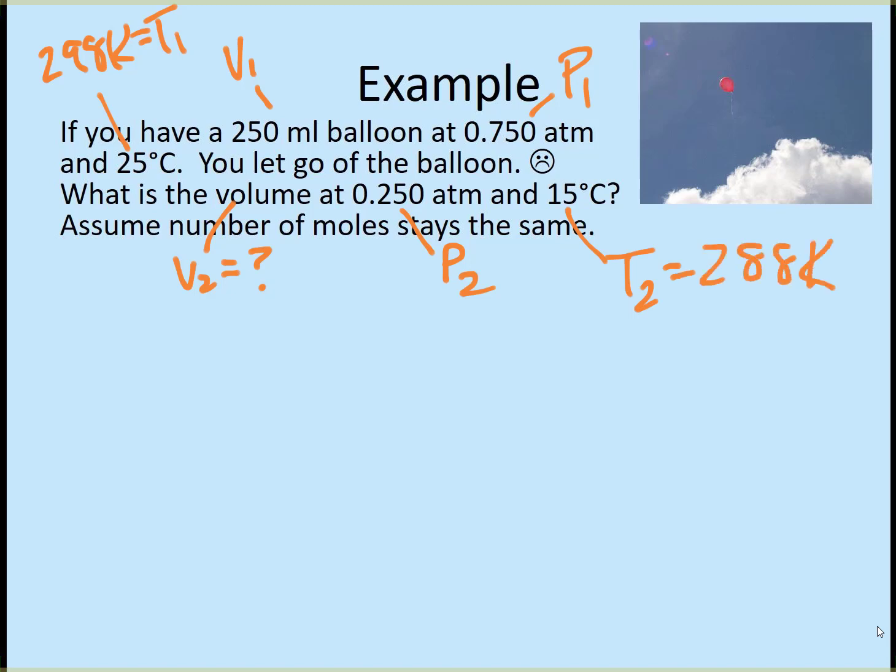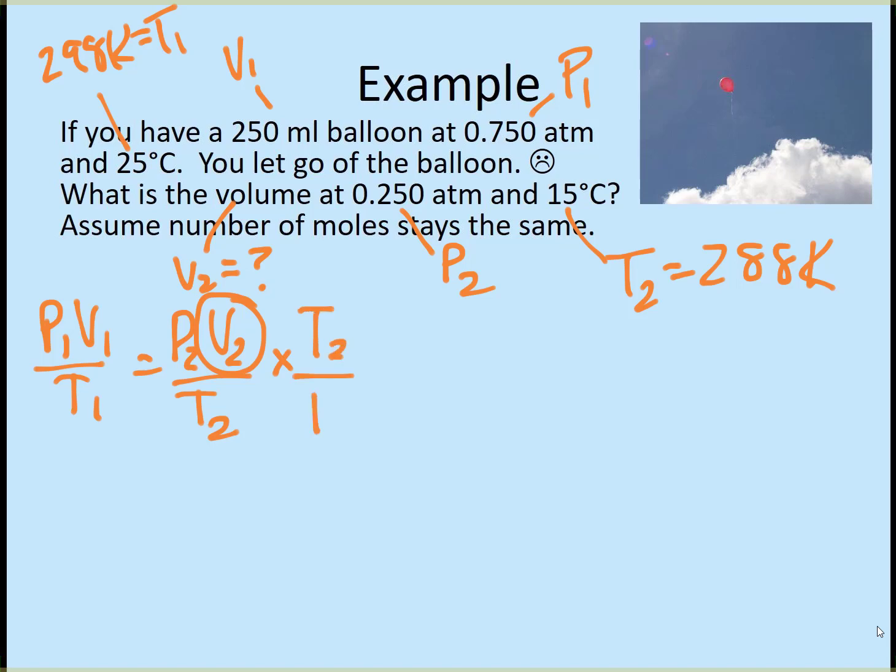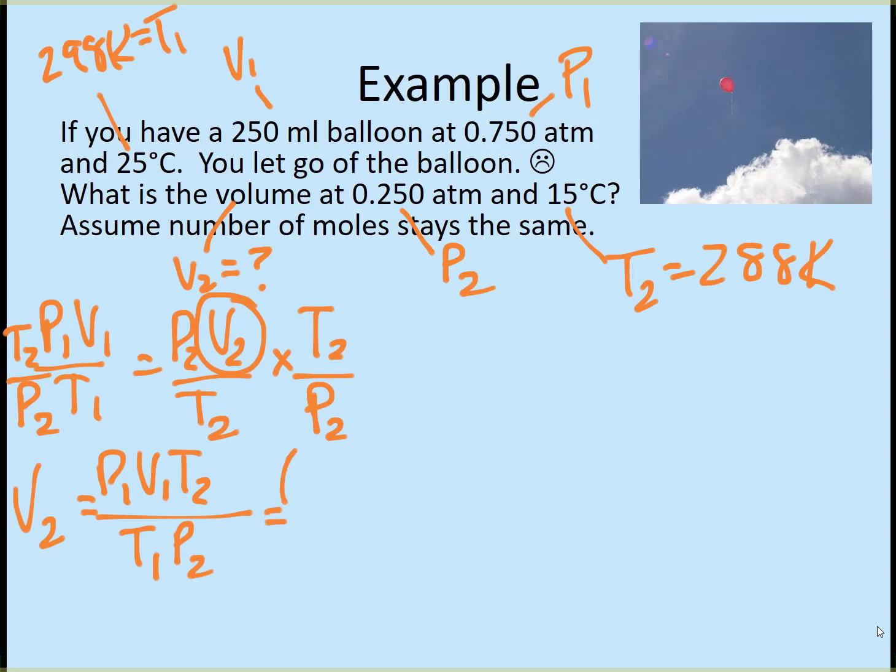All right, so now that everything's identified, let's write the combined gas law. We are solving for V2, so I'm going to multiply by T2 over P2. So I get V2 equals P1 V1 T2 over T1 P2. And let's plug in all the values. Notice that for volume, you do not have to be in liters for these, but you're going to write your units anyway.